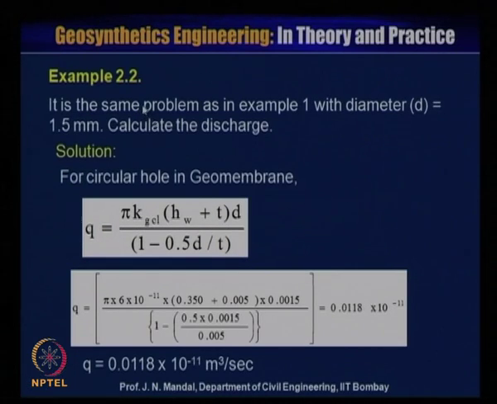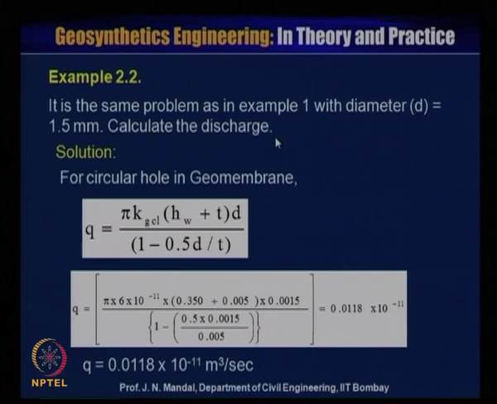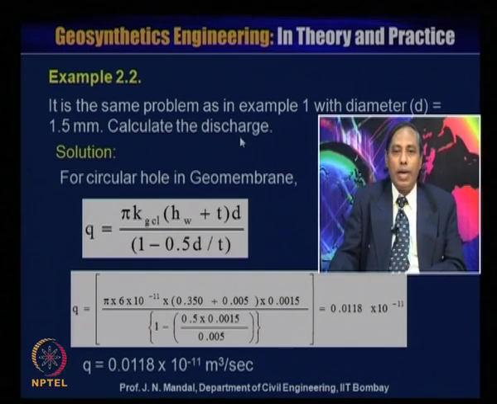Now in example 2, in the same problem as in example 1, the diameter D is 1.5 millimeter, then you calculate the discharge. So it is a circular hole in the geomembrane, then the equation is changing. In the same formula everything is the same, only the D value will change.